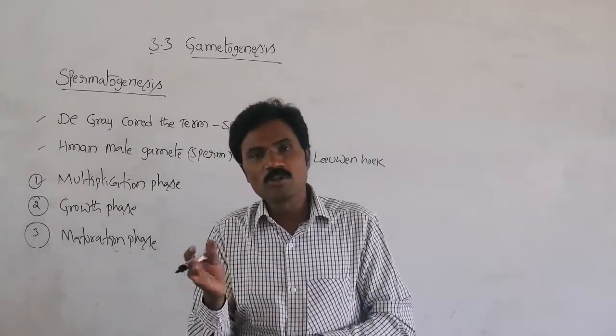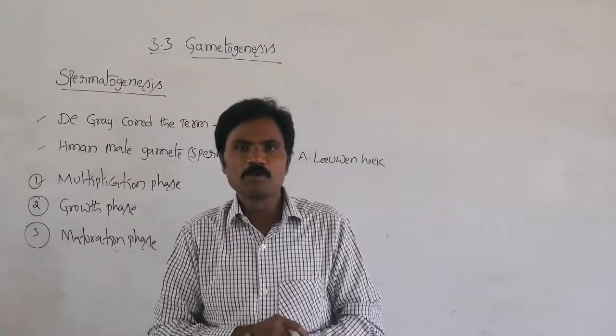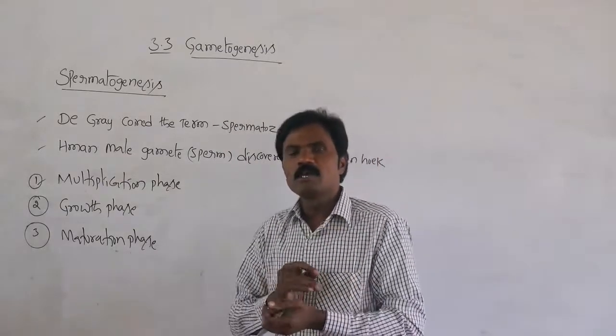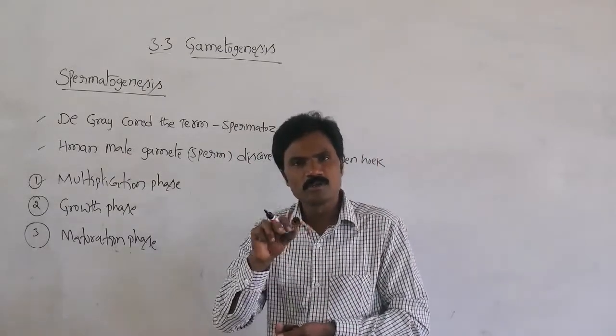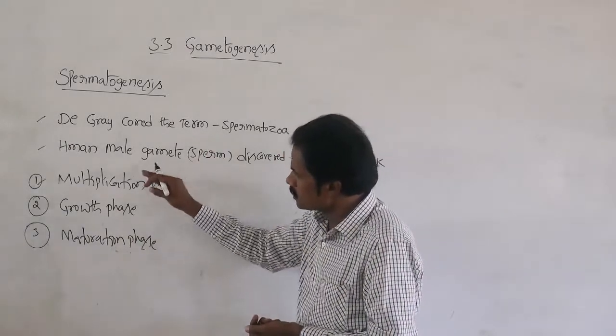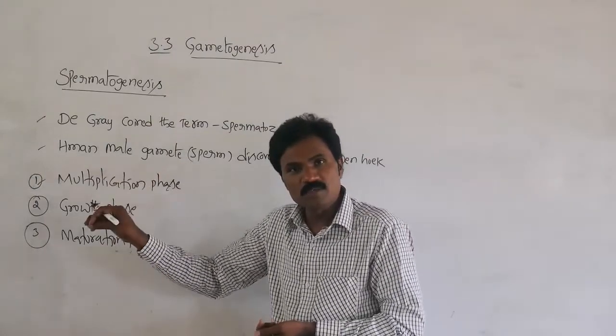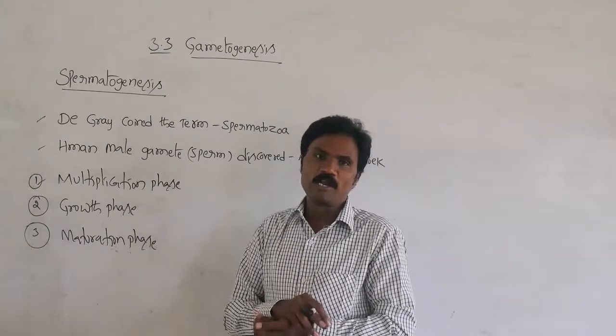We already said which common cells undergo gametogenesis: the primordial germ cells, which are present inside the seminiferous tubule. All the multiplication, growth and maturation phases involve the primary sex organ, the testis only.